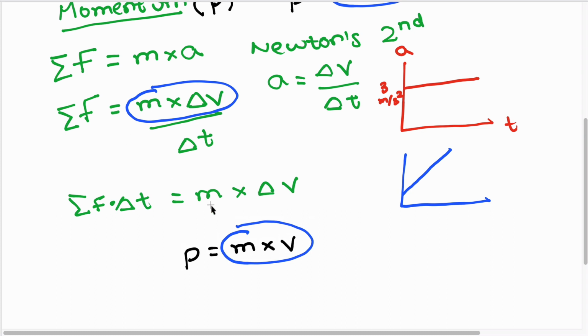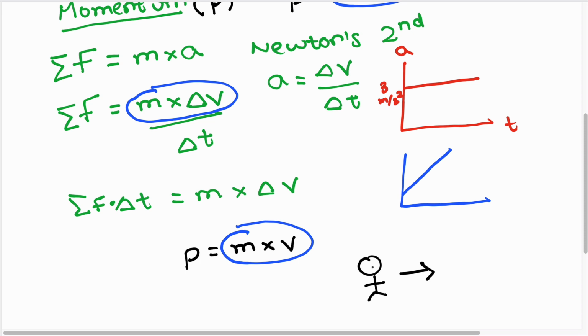If the velocity is the only thing that's changing, say a person is running this way, he can run faster or he can run slower. But if the mass stays constant, then the change in the velocity is the only thing that affects the change in the momentum. He can run faster or slower, but he can't gain or lose weight.